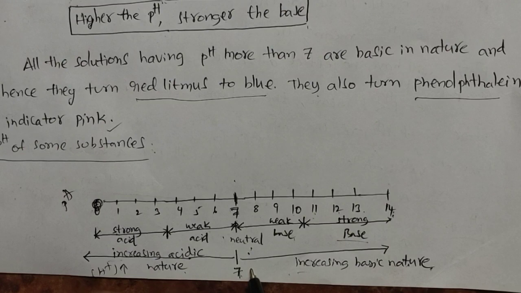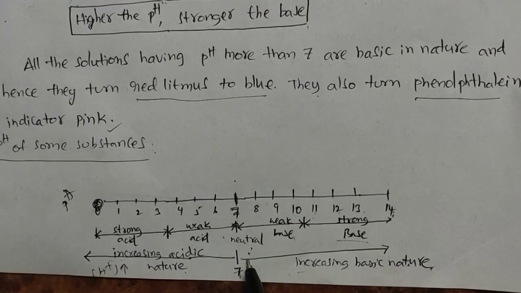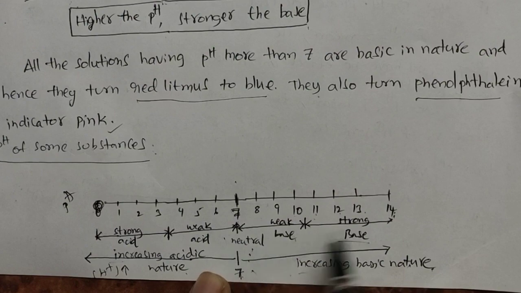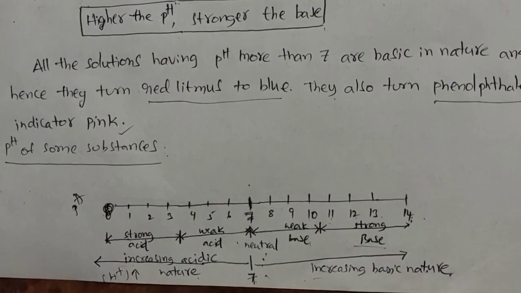If we move to the left of neutral pH 7, you are going towards the acidic side. If we move to the far extreme left, you will encounter strong acids. If we move to the extreme right, you will encounter strong bases.